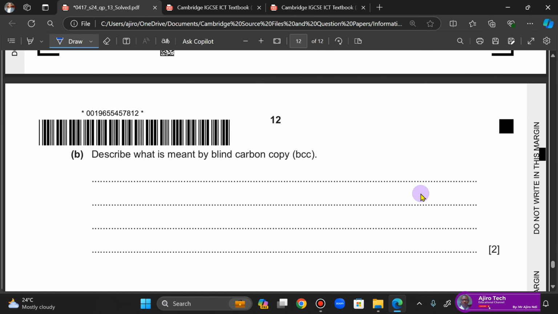So here you see that it allows the user to send a message privately to some of the recipients.